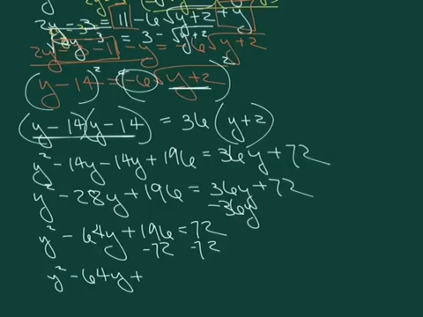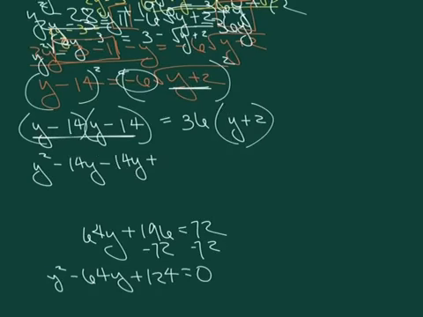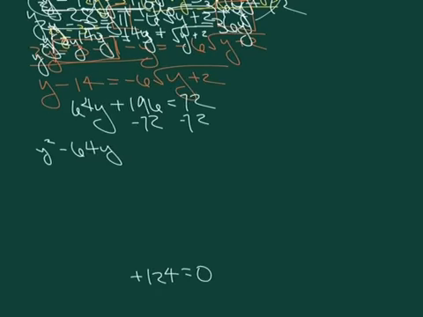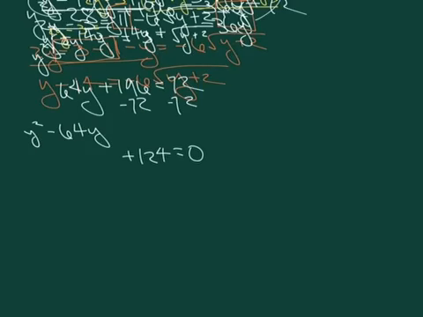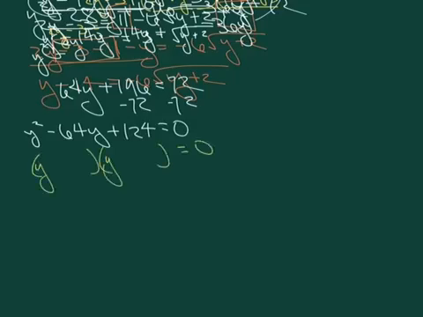Plus 124 equals 0. All right, so now that we're clear down there, get everything back here right. There we go. We're going to see if we can make these into two binomials with a y there and a y there. So, two numbers multiplied together give me 124, added give me a negative 64.